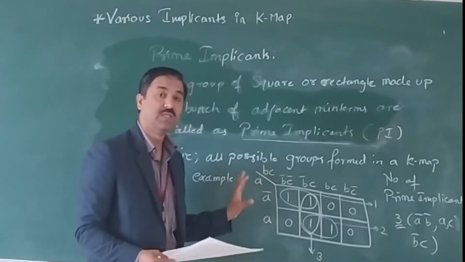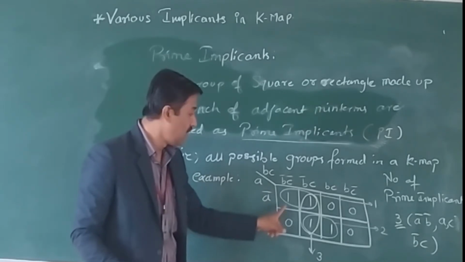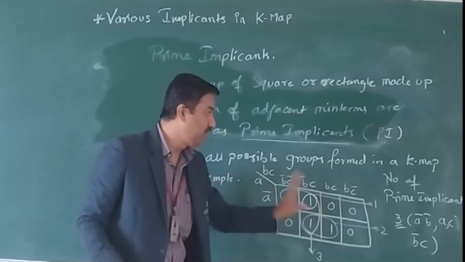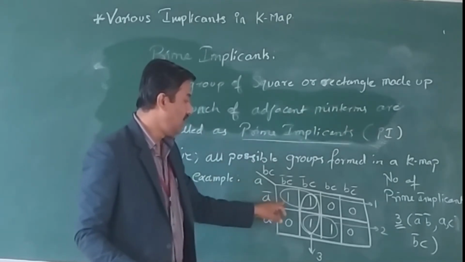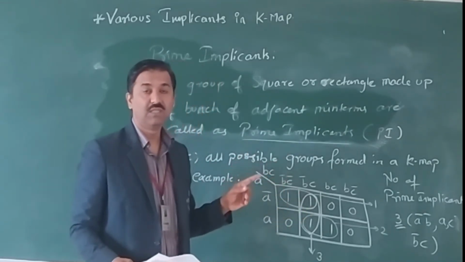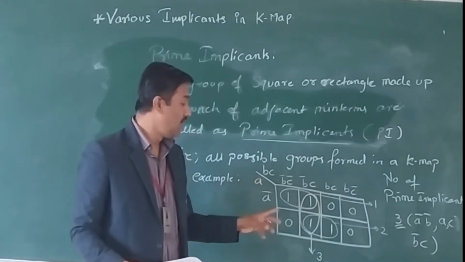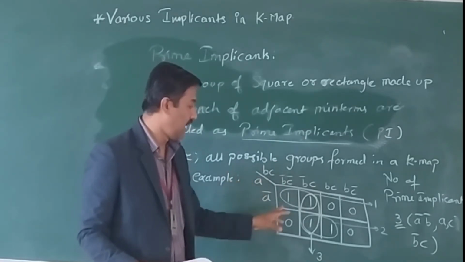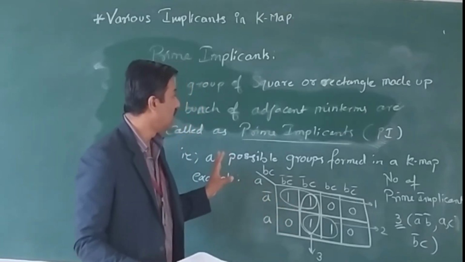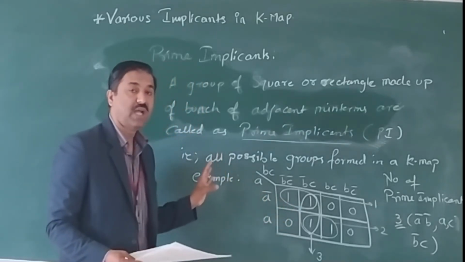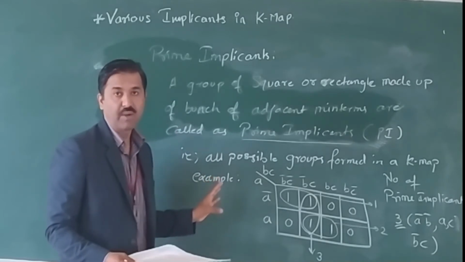Which are the implicants out of this? 1, 2, 3 and 4. These are the 4 implicants. All the ones which can be grouped in a single grouping we call implicants, and the grouping of squares, all the min terms which are adjacent to each other, are called prime implicants.